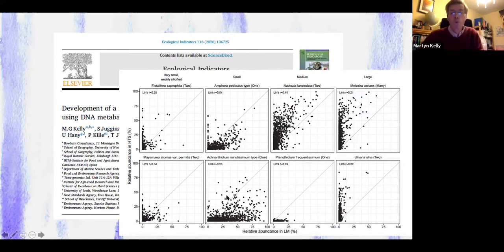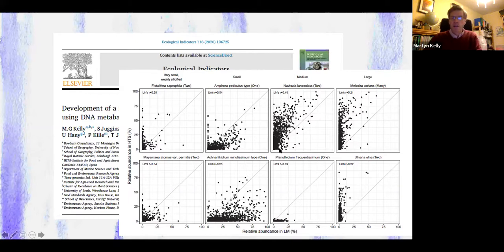So small single chloroplast species such as Achnanthidium minutissimum and Amphora pediculus tend to be much better represented in metabarcoding; in light microscopy output, they form a higher proportion of the total than is the case in metabarcoding.